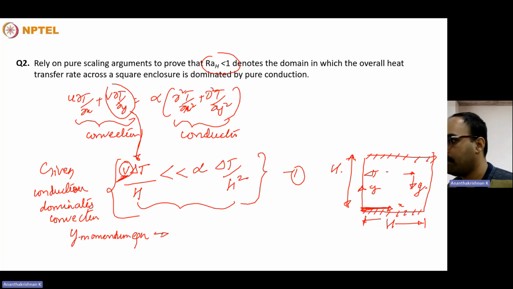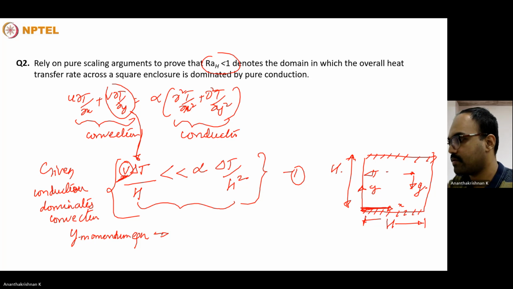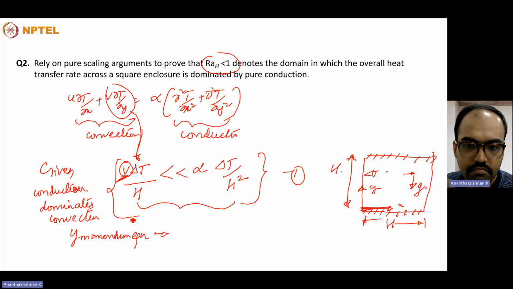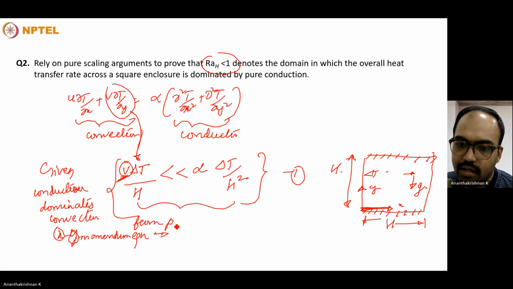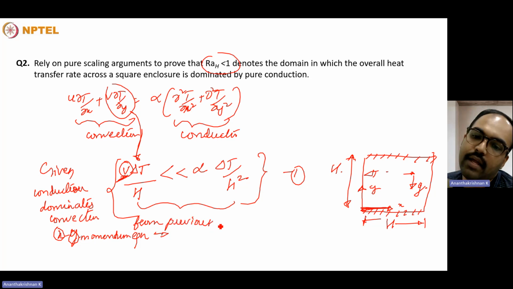In the previous question, from the x, y momentum equation or continuity equation, we arrived at the scaling analysis, and from it the terms which dominate on the left and right hand sides.